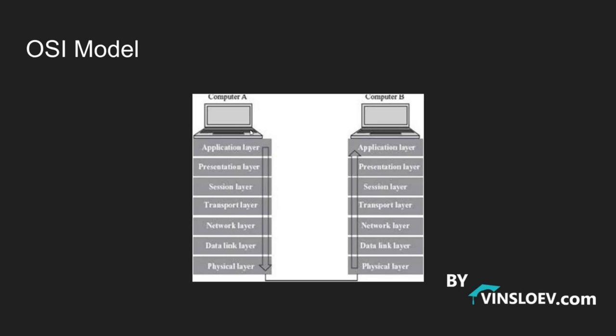So this is how the OSI model works. It starts from the top in the one end all the way down, and it goes from the bottom up in the other end.